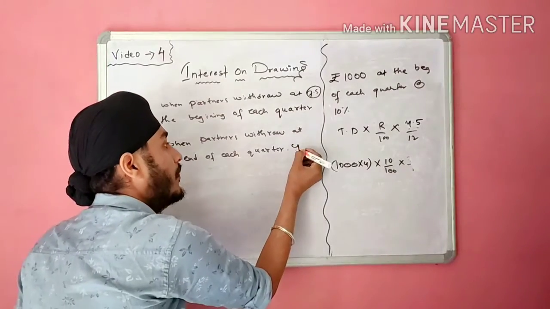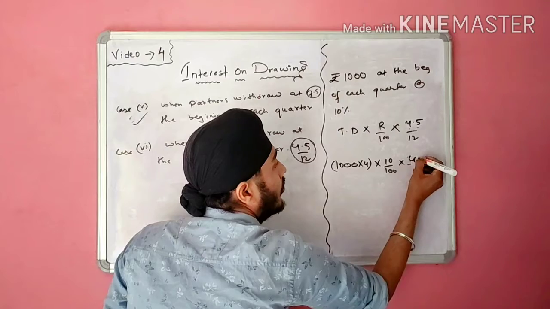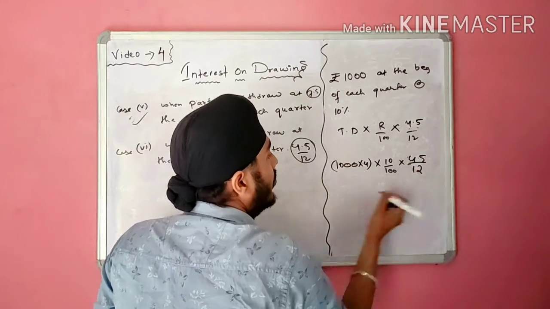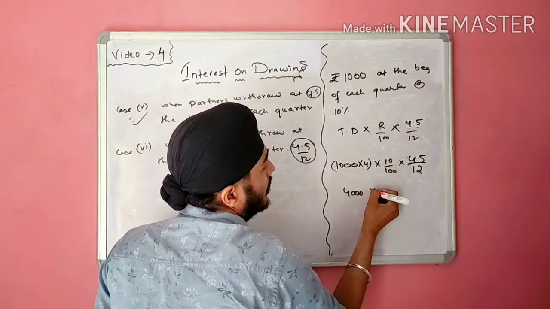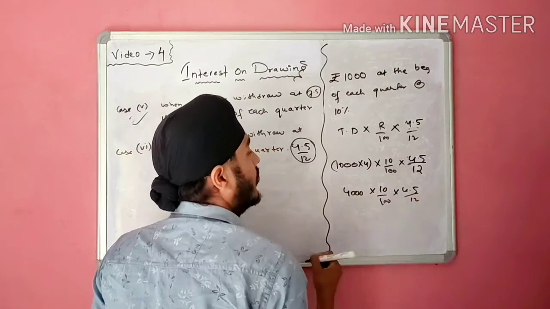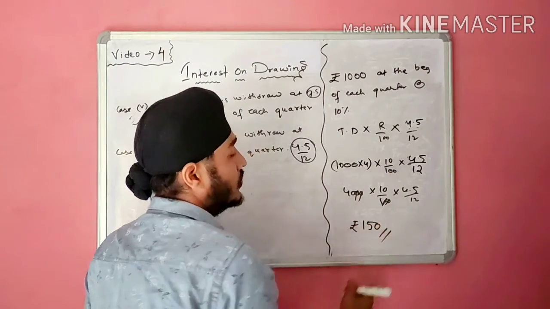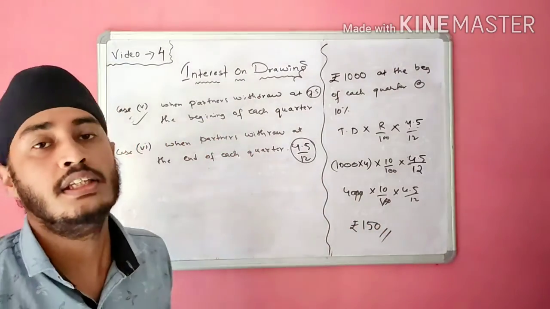So let us calculate with 4.5 by 12. 4000 into 10 by 100 into 4.5 by 12. To calculate, you get rupees 150. So this way the interest on drawing of partners is calculated.